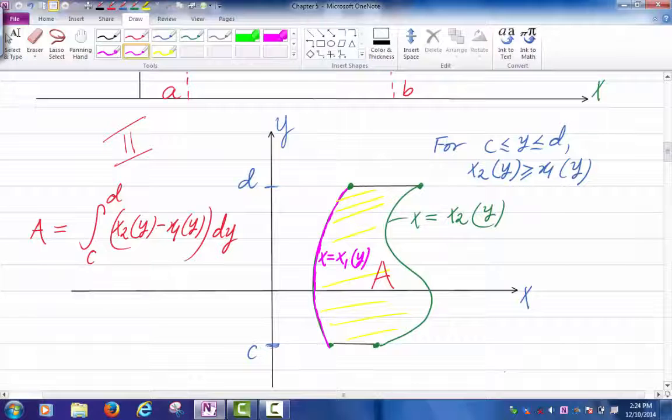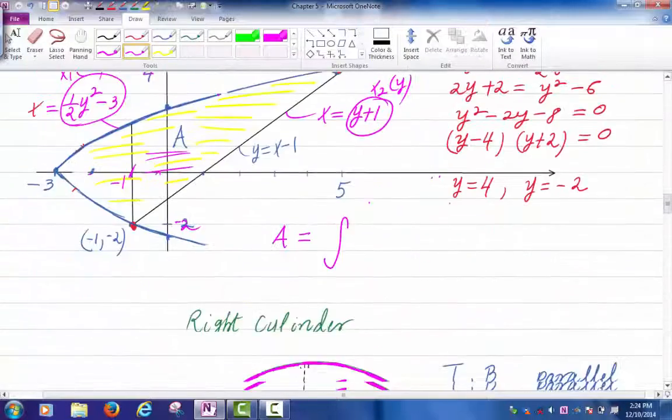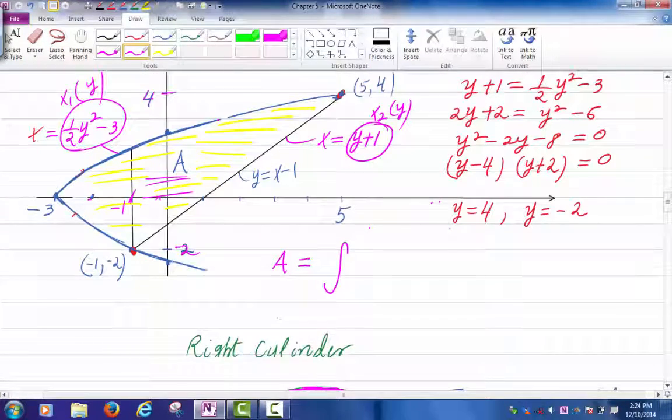Type 2 means bounded above by the horizontal line at d, bounded below by the horizontal line at c, bounded on the left by the graph of x1, bounded on the right by the graph of x2. Here, it's bounded above by the horizontal line at 4, bounded below by the horizontal line at negative 2, bounded on the right by x2, bounded on the left by x1, right? You agree with that?